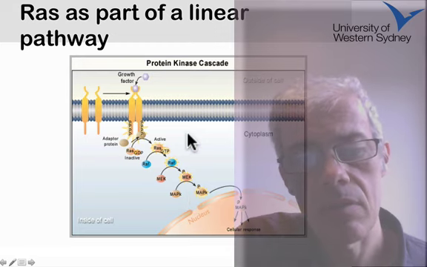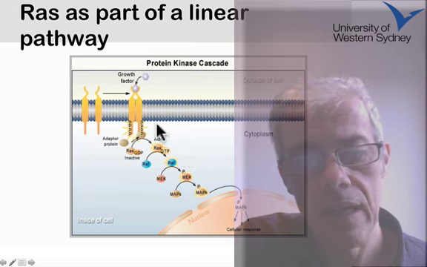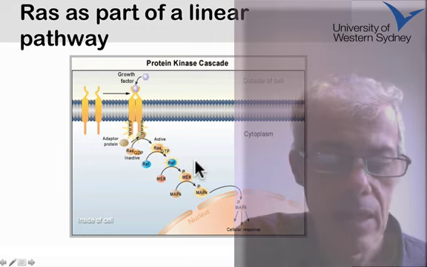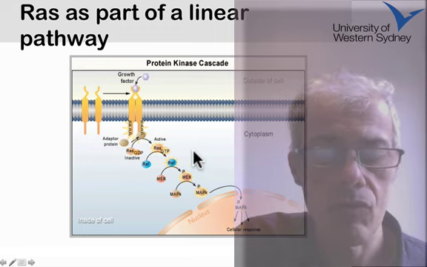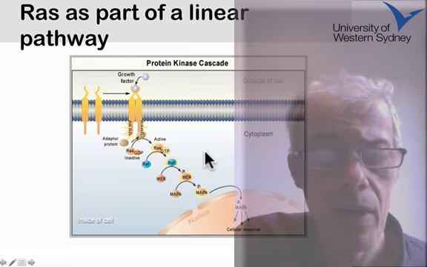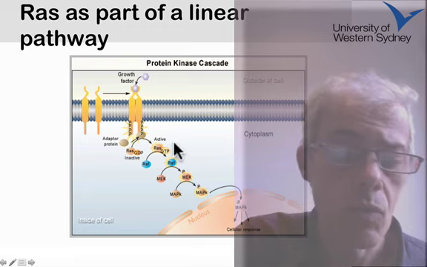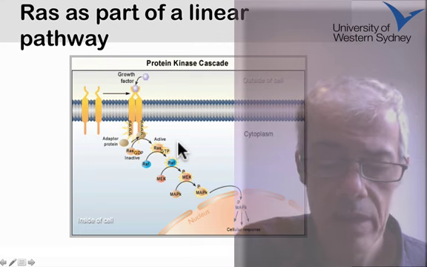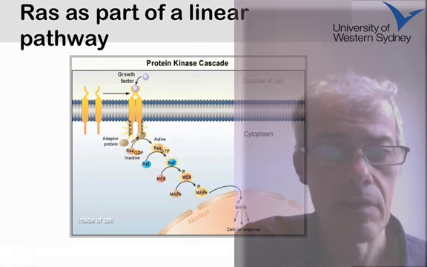This represents RAS activation in a very linear, easy to understand pathway, and that's how the book also talks about the RAS activation. But bear in mind that RAS is central to many pathways, so this is just one linear pathway within a network of pathways that may be active within a cell.